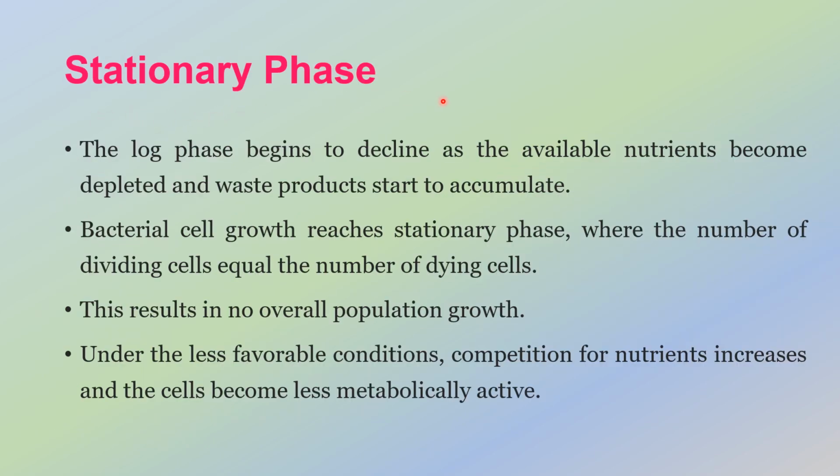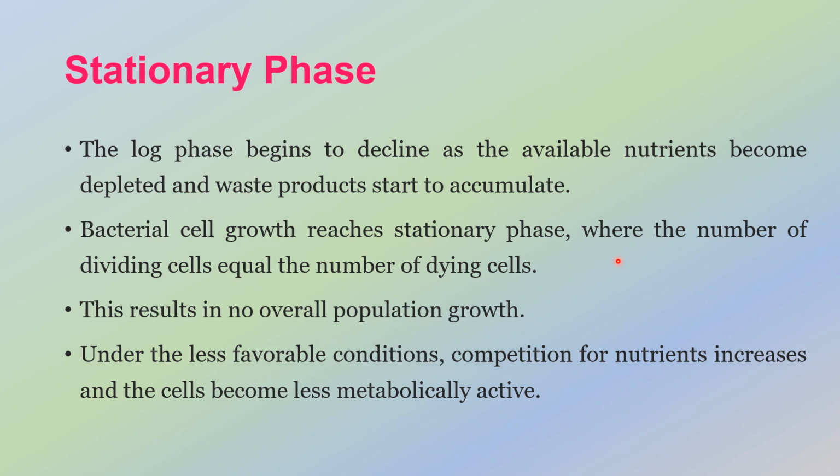In the stationary phase, the third phase, the log phase begins to decline as the available nutrients become depleted and waste products start to accumulate. Depletion of essential nutrients and formation of inhibitory substances such as organic acids decrease the bacterial population. Bacterial cell growth reaches the stationary phase where the number of dividing cells equals the number of dying cells, so there is no overall population growth.